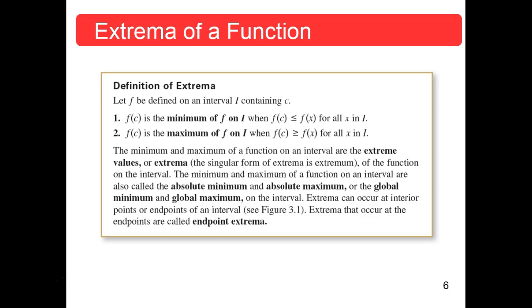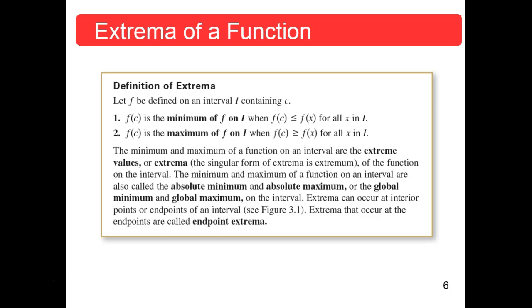So here's the definition of an extrema. If f is defined on some interval containing some point c, somewhere in that interval, that's a value for x in that interval. Number 1, f of c is the minimum of f on that interval I when f of c is always less than or equal to all the other f values on that interval.